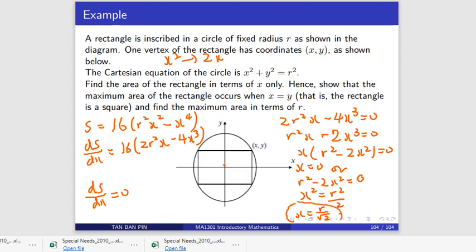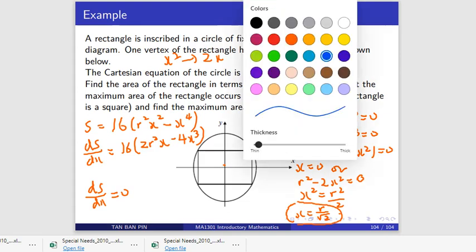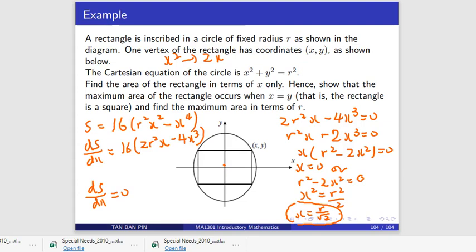After finding x, you can find y. From the equation here, you can find y. So y will be square root of r squared minus x squared. Then x squared you can substitute as r squared over 2.